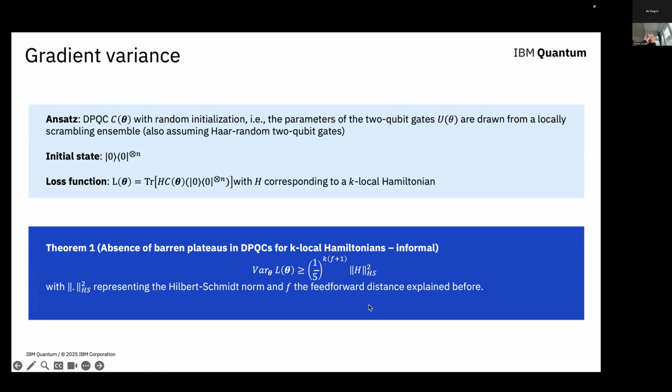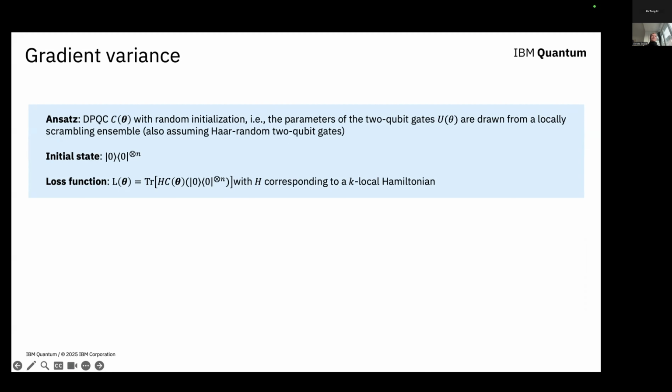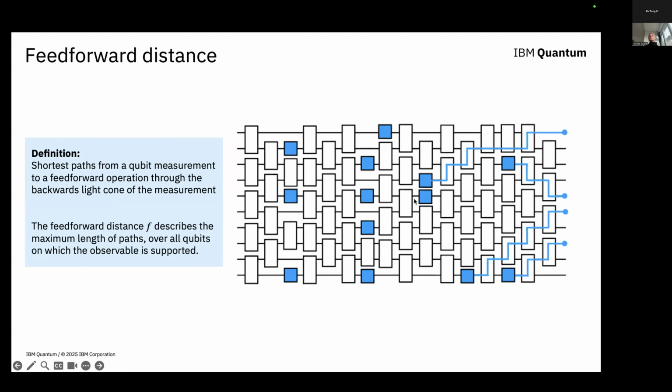Good. Now, to give you a bit of an intuition of what this feed-forward distance refers to, it basically illustrates the information spread that is possible within our circuit. So if we go back, if we consider this feed-forward operation to be a reset, then you can basically also consider it as a cut off of information.